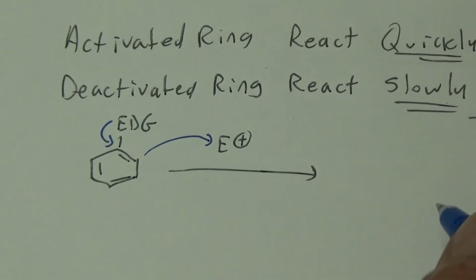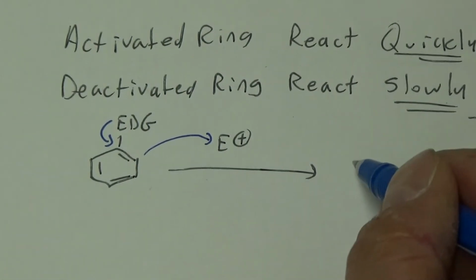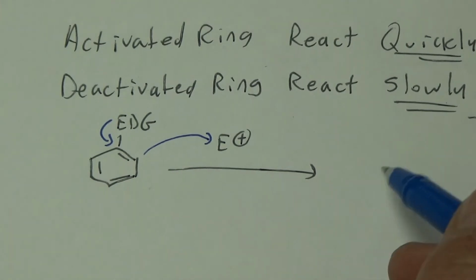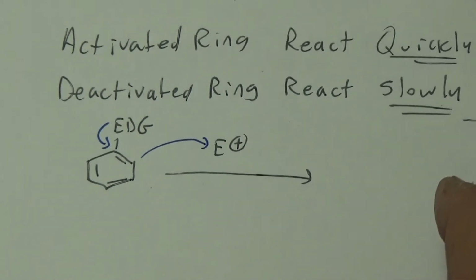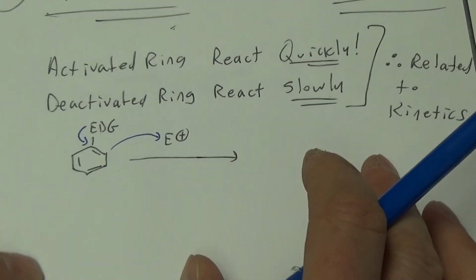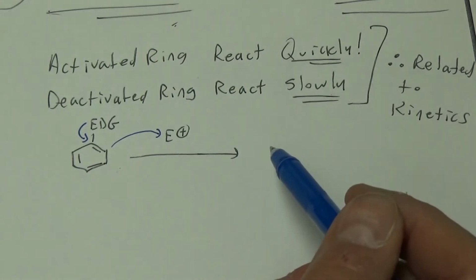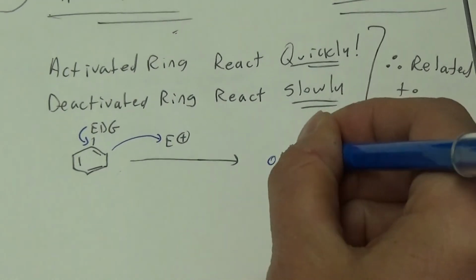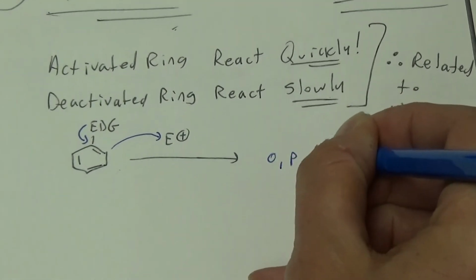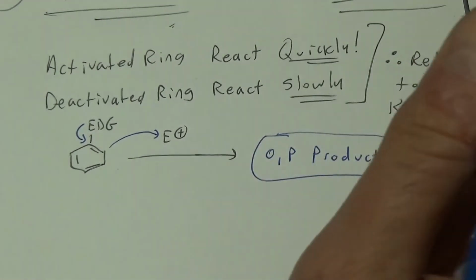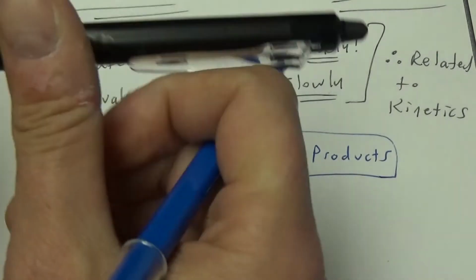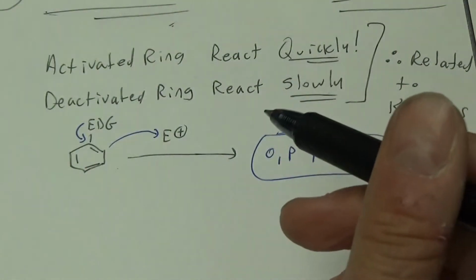And generally speaking, do you get ortho-para or meta products? Think about what we learned. It's ortho-para. We talked about the kind of products you get for electron donated benzenes.